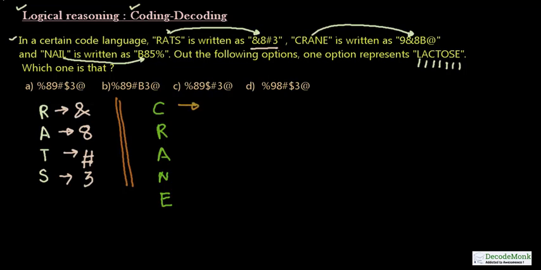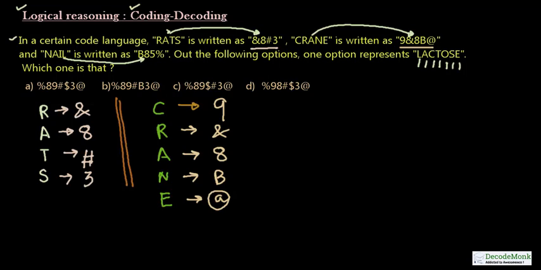In crane, C is represented by 9, R is represented by ampersand, A is represented by 8, N is represented by B, E is represented by at the rate. So this is the thing.